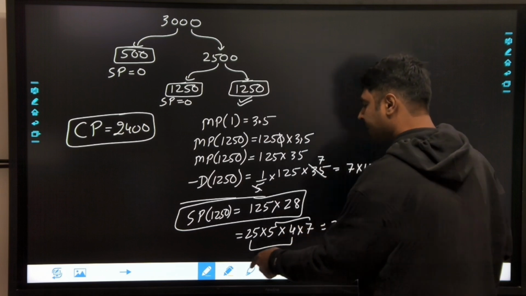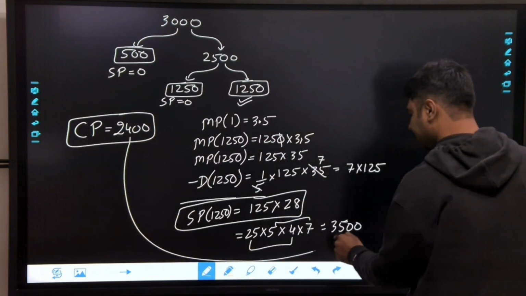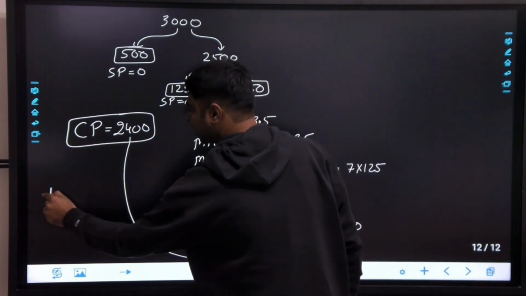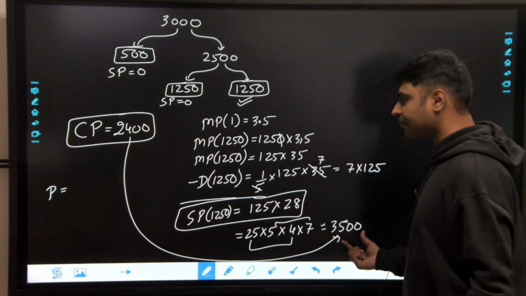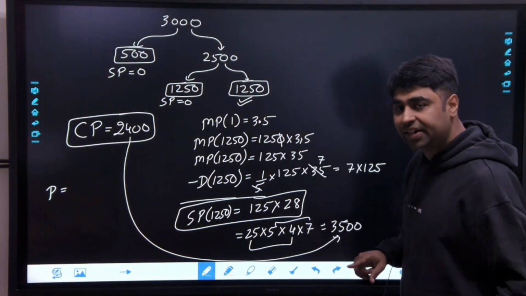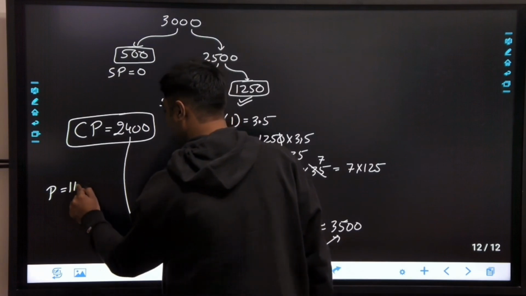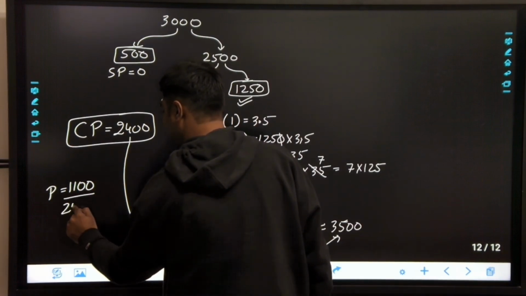So what would be the profit, guys? The difference between these two. So the profit will be 3500 minus 2400, that is going to be 1100. So the profit is 1100 rupees on an investment of 2400 rupees.